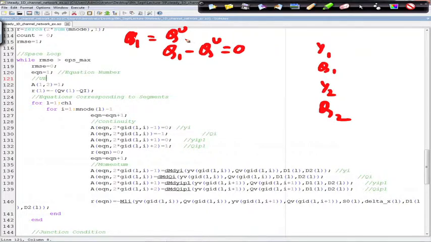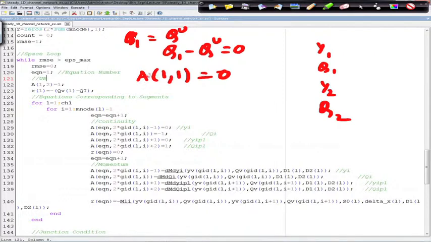And for that, what is required? We need to differentiate it. If we differentiate it, we will get only the second term. That means A11 is 0, no entry for A11. This is valid for this section only.